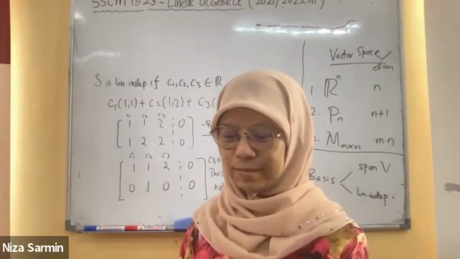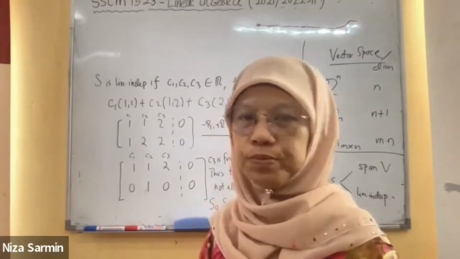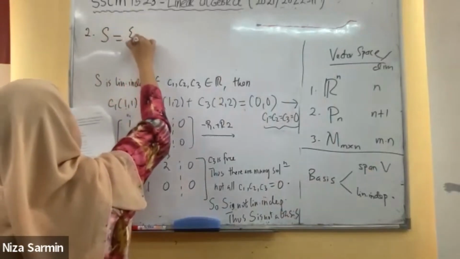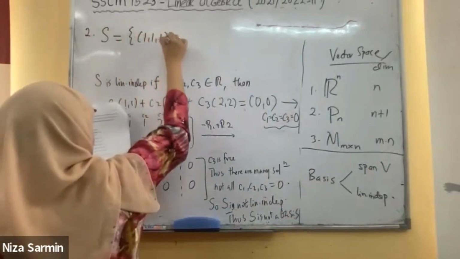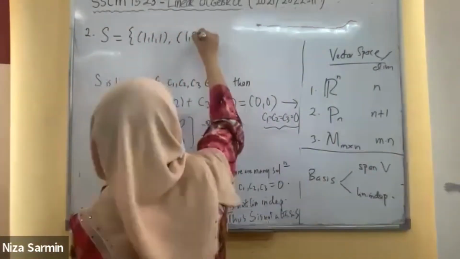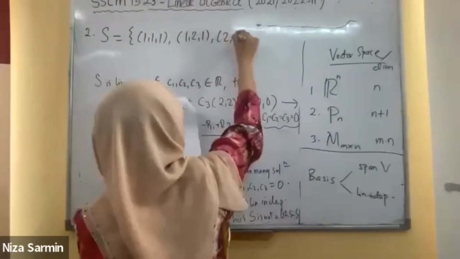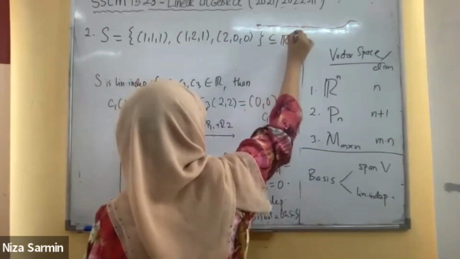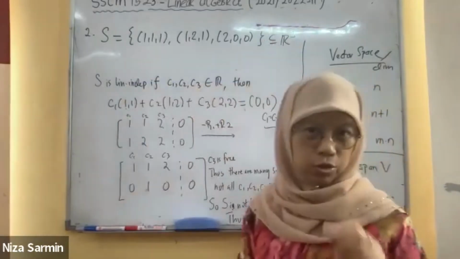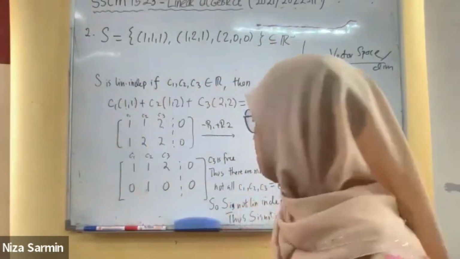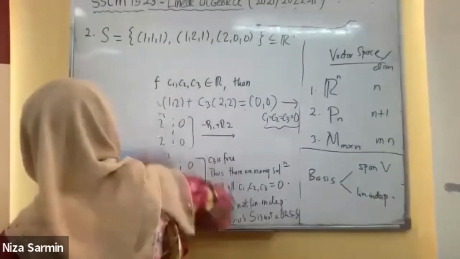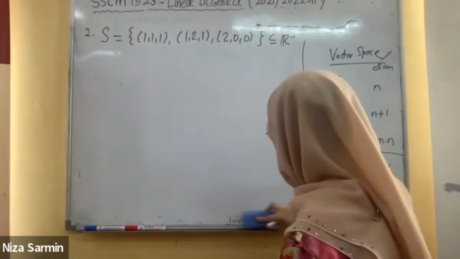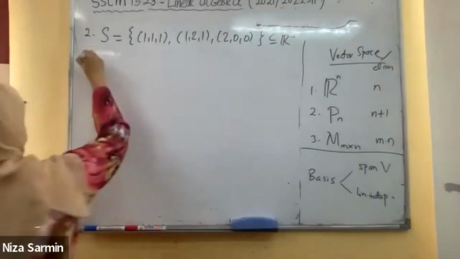Okay. Let me see. Number 2. S equals (1, 1, 1), (1, 2, 1), (2, 0, 0). So this is R3, yeah? And we do have 3. Okay. So number 1.